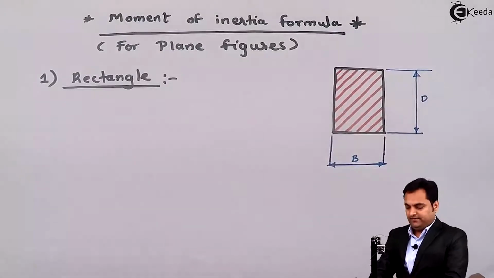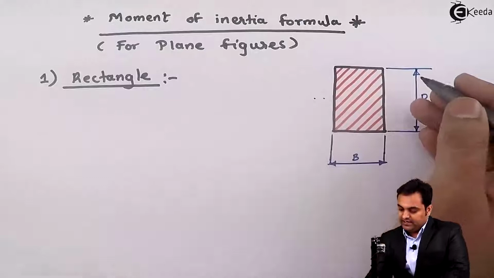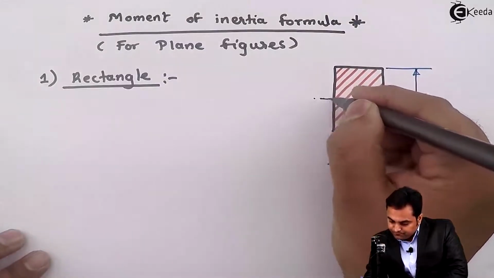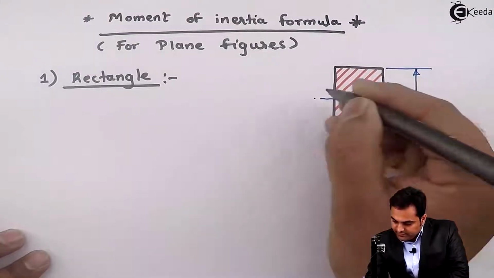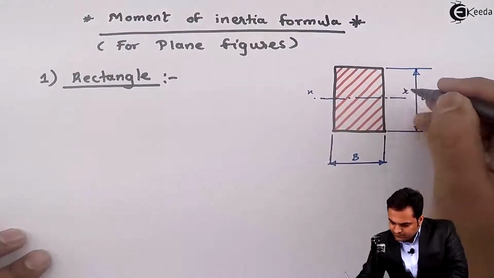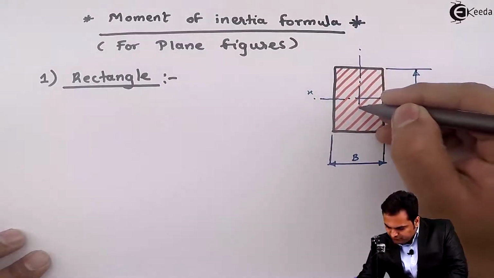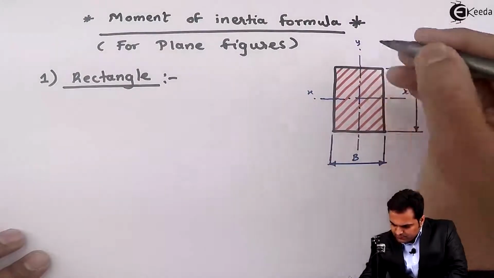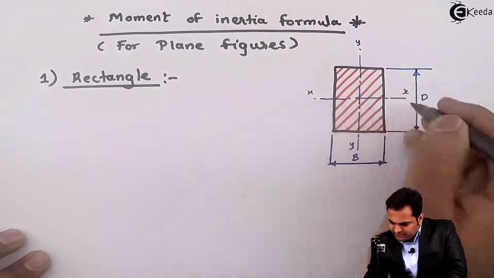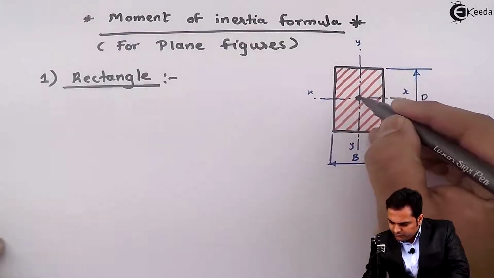The centroid will be exactly at the half of depth, there will be the x-axis, and at the half of width there will be the y-axis, and wherever x and y intersect, at that point we are going to have the centroid.